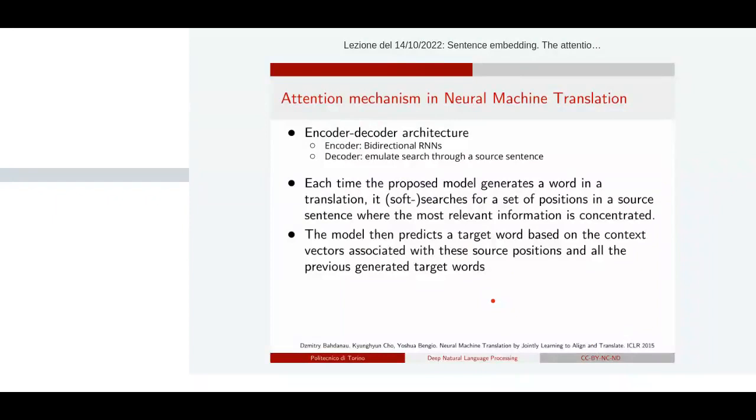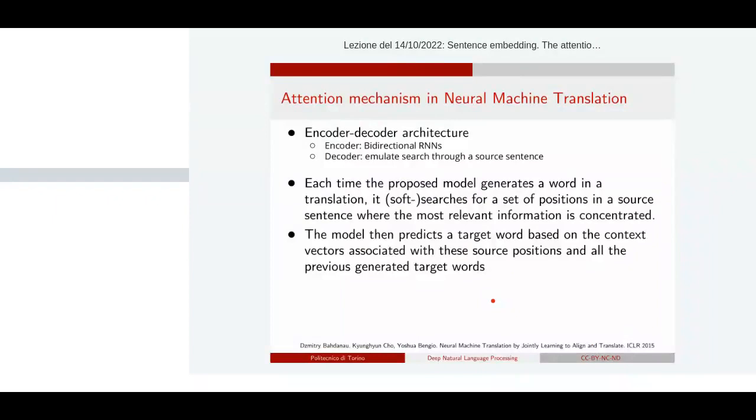So basically, the decoder tries to find which pieces of text are most relevant to the translation step. Each time the model generates a word in translation, it searches for the other words in other positions in the source which include the most relevant information. This is like building your adaptive contextual window. So not a fixed one, but adaptive, picking only the most relevant pieces of text to attend to.